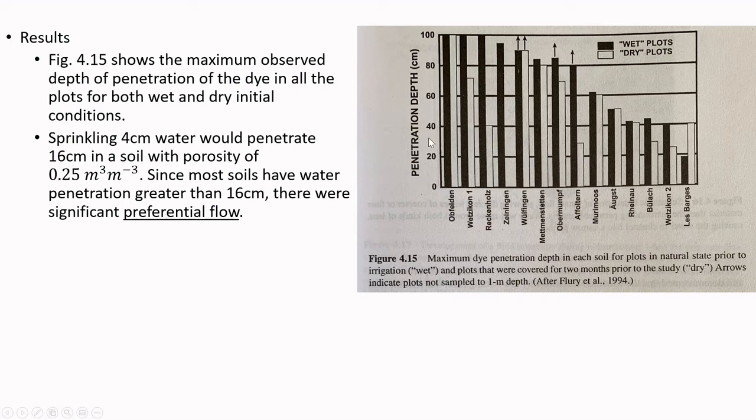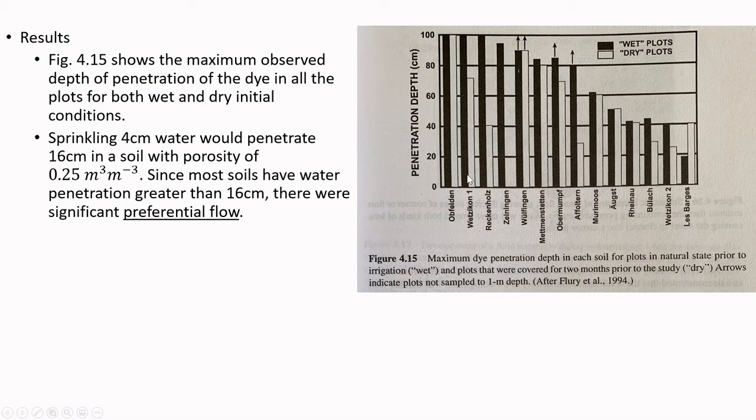But here you can see that the dye actually penetrates up to 100 centimeters in a few locations, and in most cases it is more than 16 centimeters. Since most soils have water penetration greater than 16 centimeters, there was significant preferential flow.